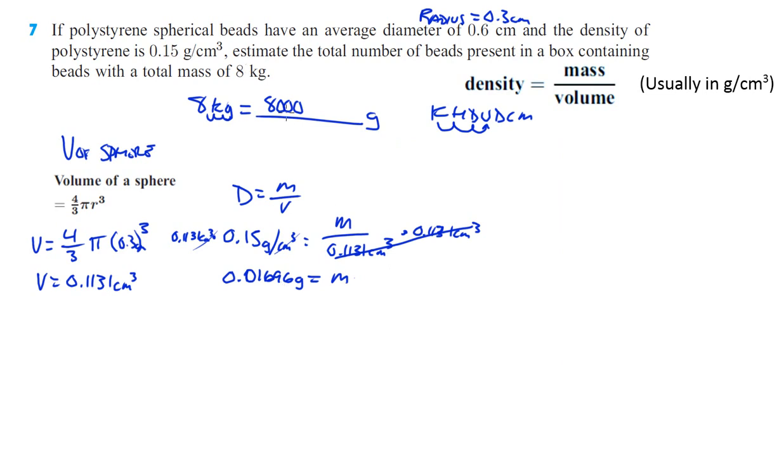So we know we have 8,000 grams total in our box. To figure out how many total beads there are going to be, we do 8,000 divided by our 0.01696 grams, and that will equal the total number of beads, right?